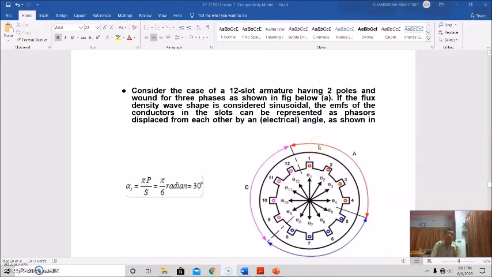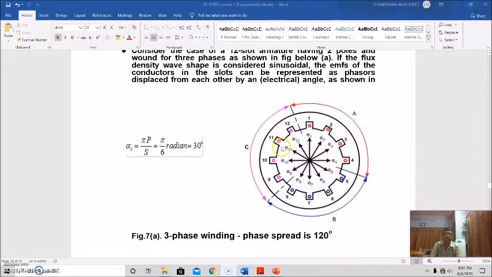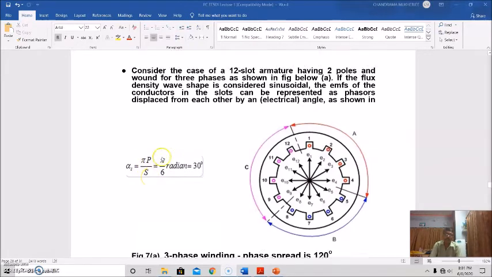If the flux density wave shape is considered sinusoidal, the EMFs of the conductors of the slots can be represented as phasors displaced from each other by an electrical angle. How much will it be? It will be π p by s, where p is the number of poles and s is the number of slots.